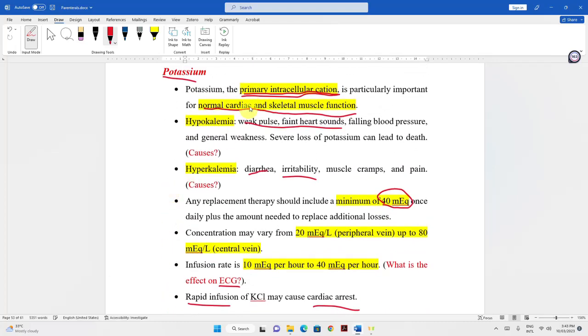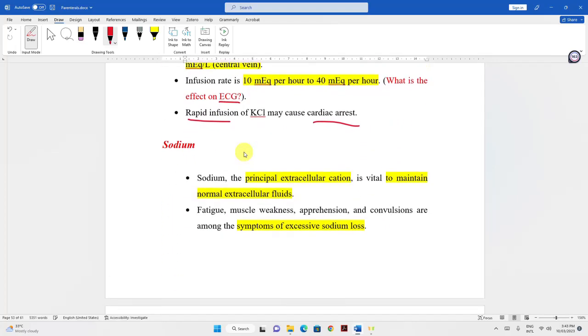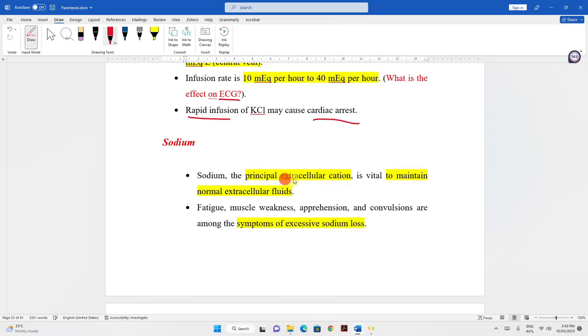Okay, potassium is the primary intracellular cation. Sodium is the principal extracellular cation. For example, it will be in the blood, which is extracellular, in the blood vessels, and it's vital to maintain the extracellular fluid. That's why blood pressure is influenced by sodium.